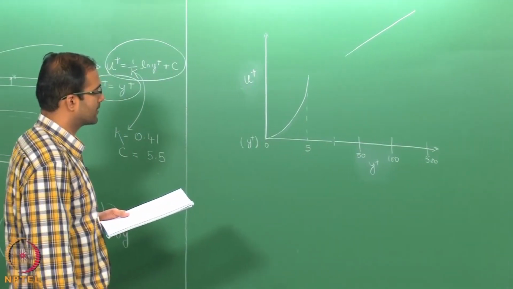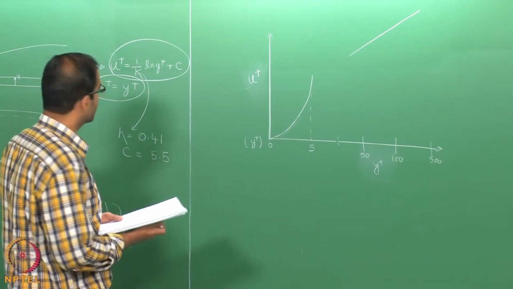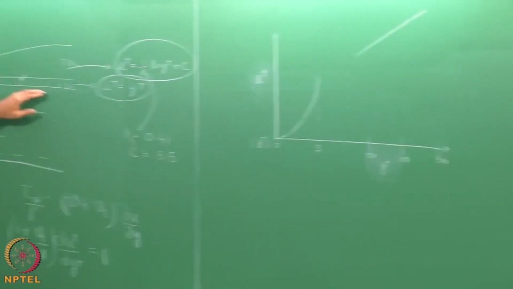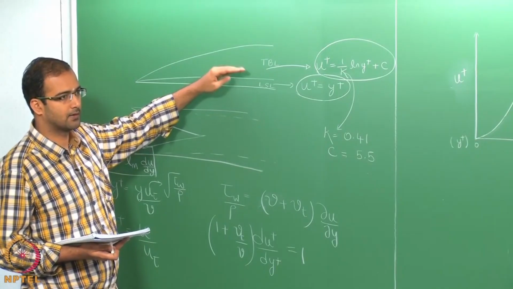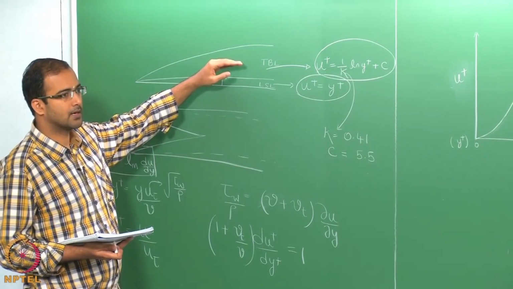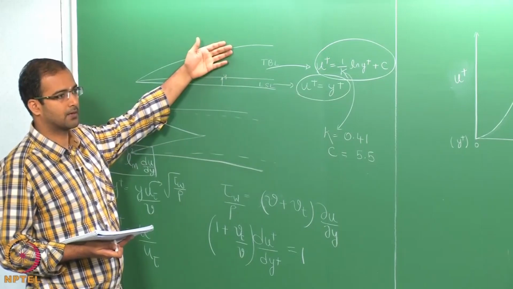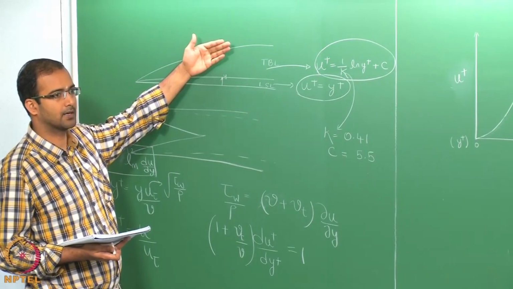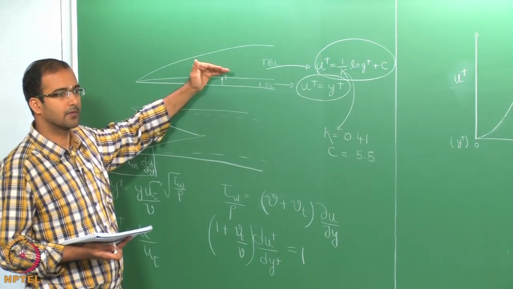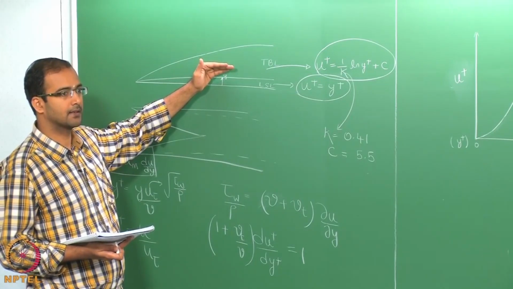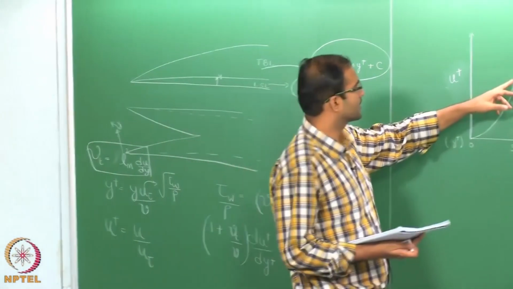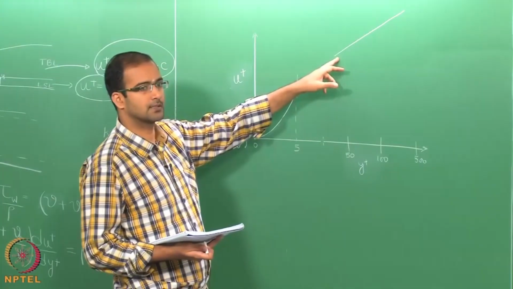Okay. The reason being, if you look at the extent of the laminar sublayer, it will usually be of the order of 1 to 5, and this is not a sudden jump from the laminar sublayer into the fully turbulent boundary layer. So there is a transition in between. When you do the experiments, you find that this point does not directly transition to this.